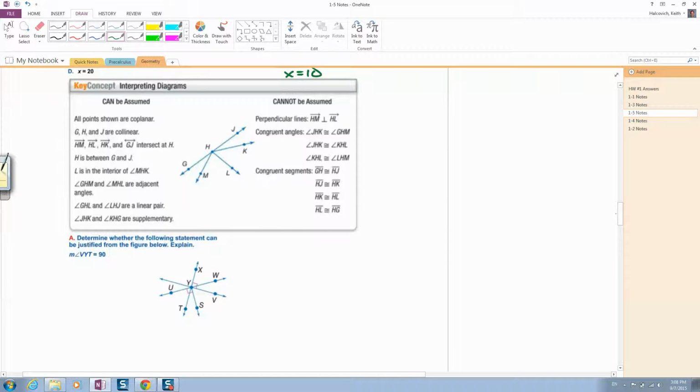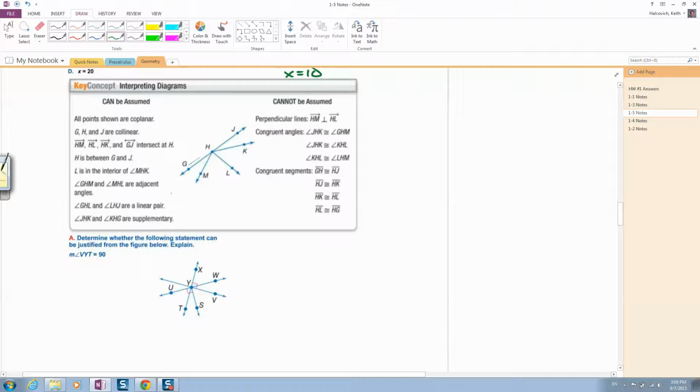All right, so things that you can interpret from a diagram that you can assume. You can assume that points are coplanar. You can assume, like here, that G, H, and J are collinear because they're on the same line. You can assume the rays intersect at H. See how all these rays intersect at H. That H is between G and J. L is in the interior of the angle MHK.